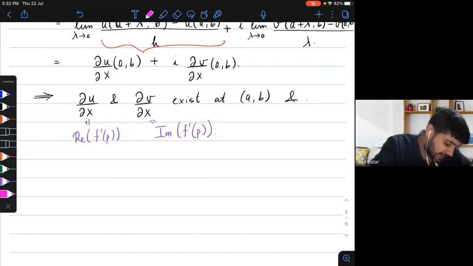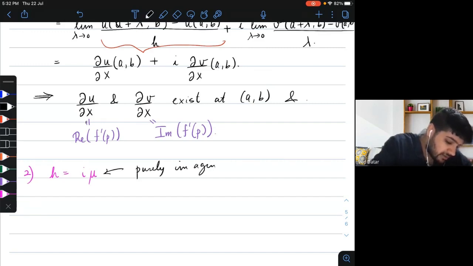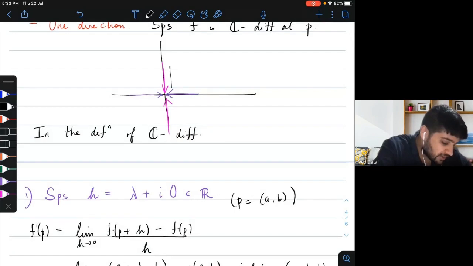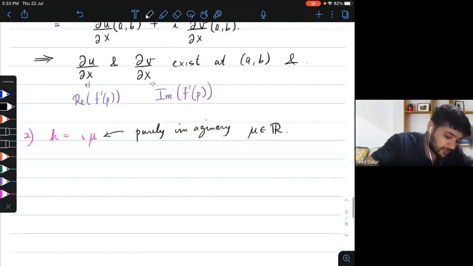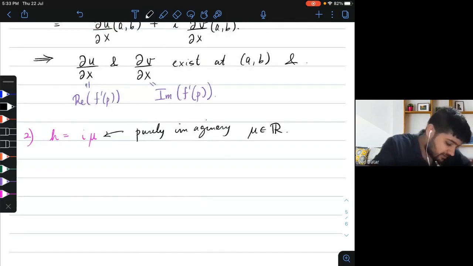Now let's do the second case where h is equal to I times mu, so it's a purely imaginary number, where mu is some real number. Okay, so this corresponds to approaching 0 along the y-axis. So now let's calculate this limit again. What do we get for f prime of p?